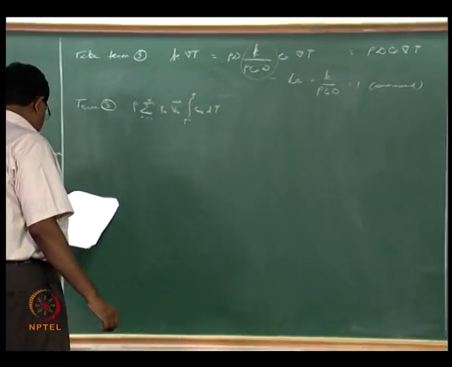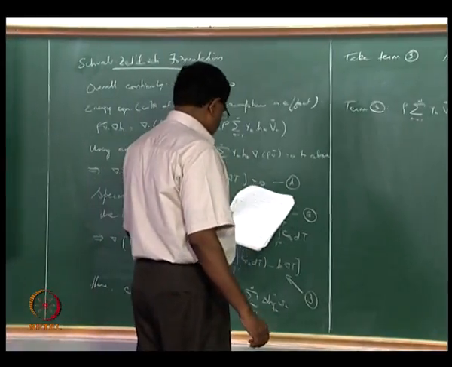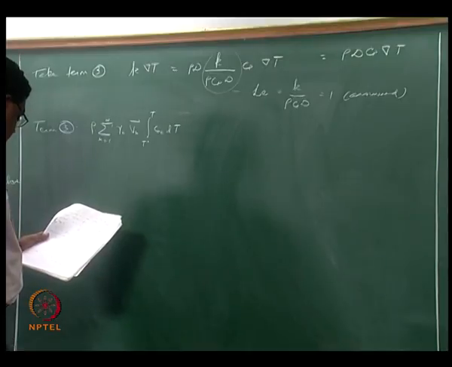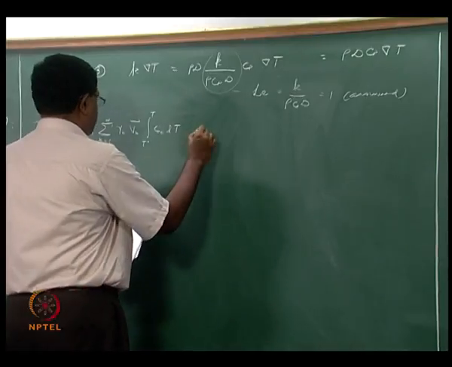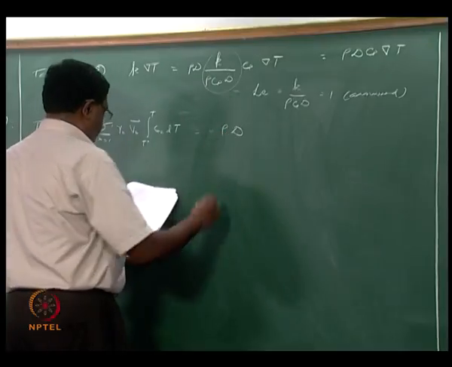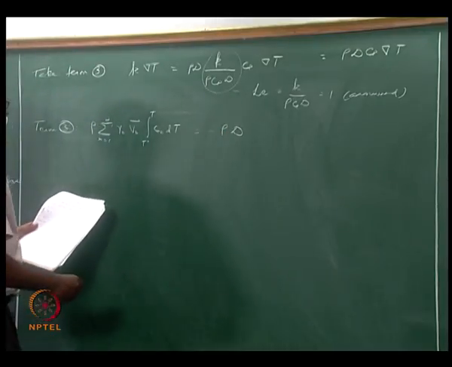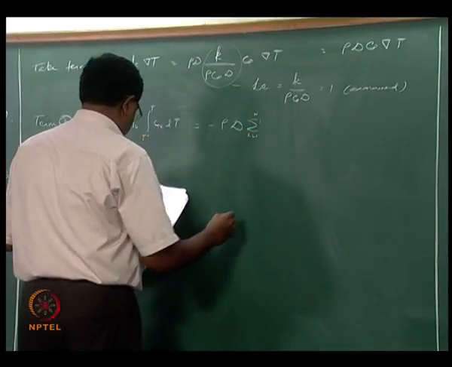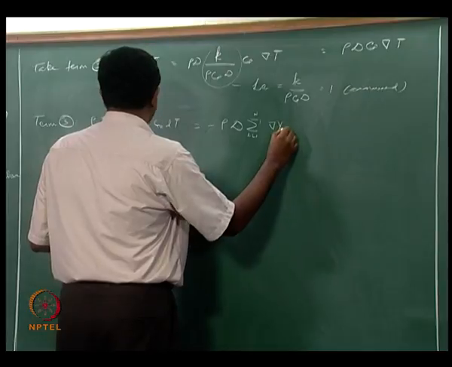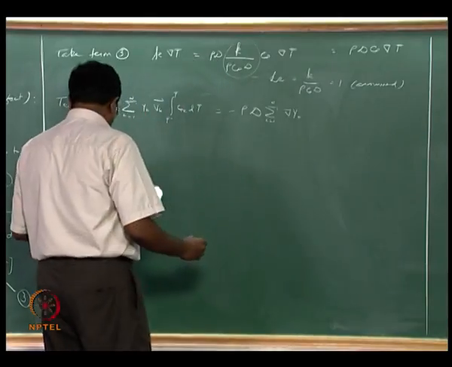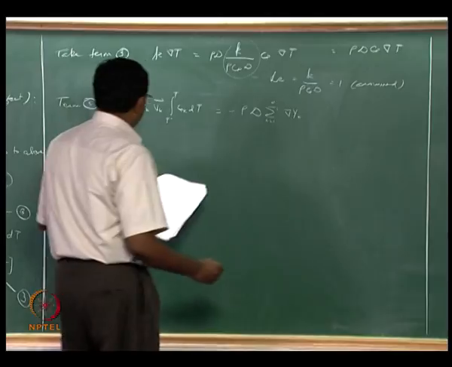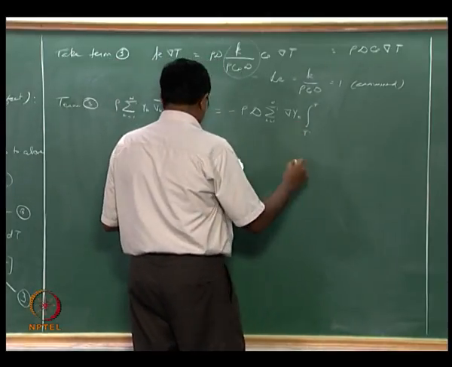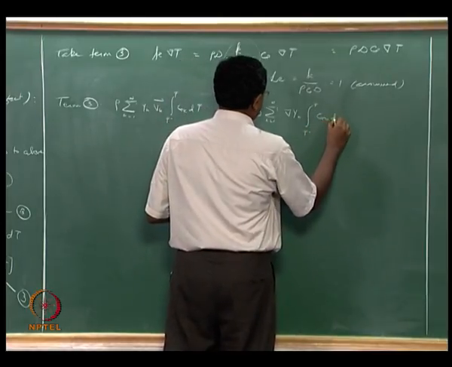Now we will have to actually show what this amounts to, and so I'm going to try to show that for you. I'm going to show that this is like minus rho d sigma k equals 1 to n grad Yk integral T naught to T Cpk dT.